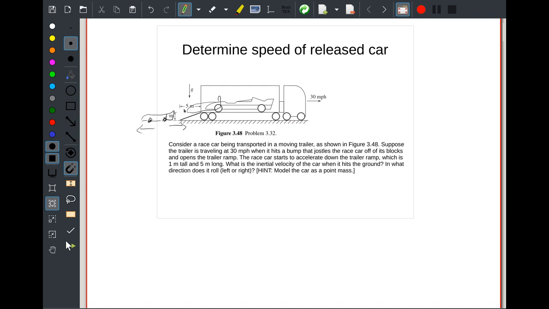And this ramp is a 1 by 5 meter, so the slope is 1/5. And the truck itself is moving at a constant speed forward.